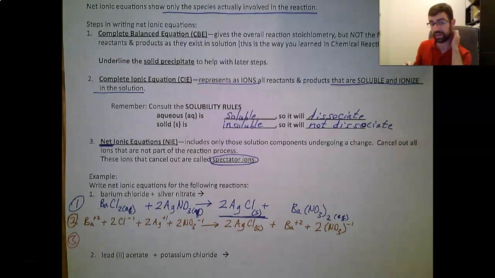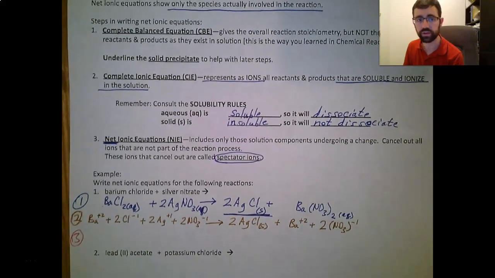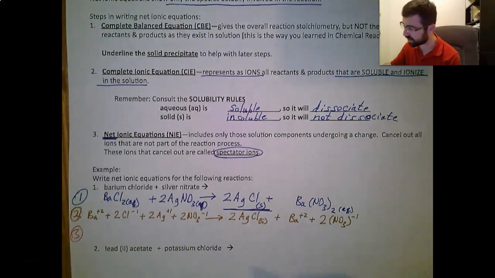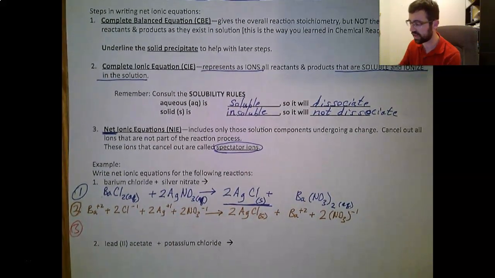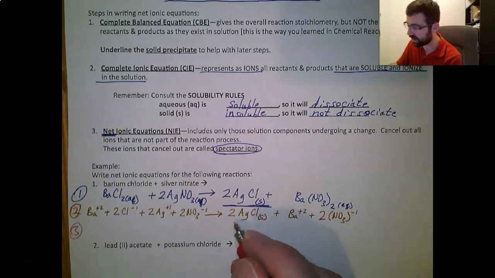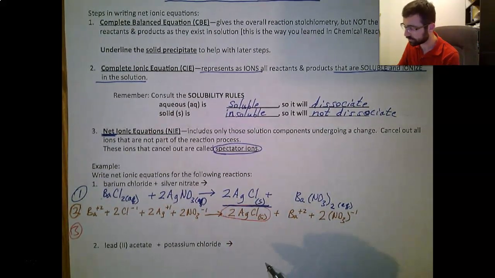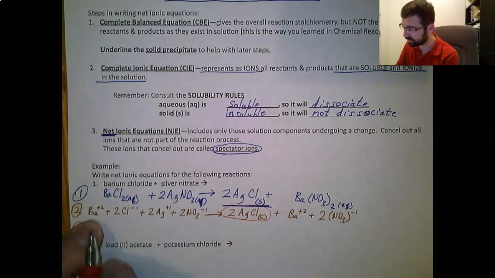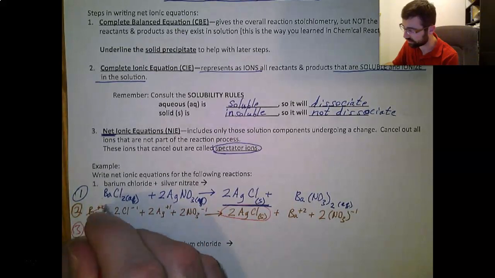I would go ahead and do half of the work up here and then just rewrite it. What we want to do in the third step is cancel out our spectator ions, so anything that didn't change. In other words, anything that's not involved in making this. Barium, it's barium plus 2 on both sides in step 2.